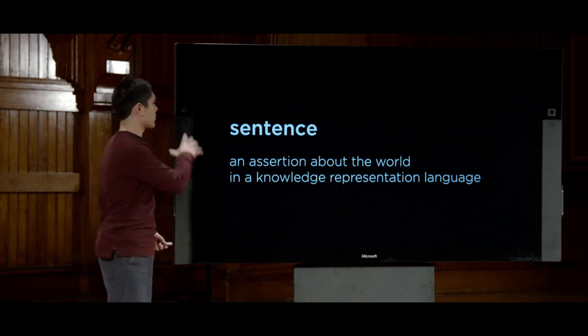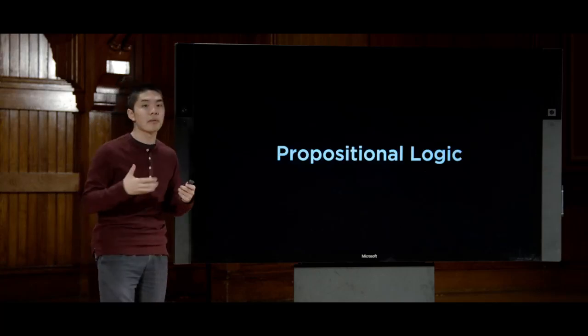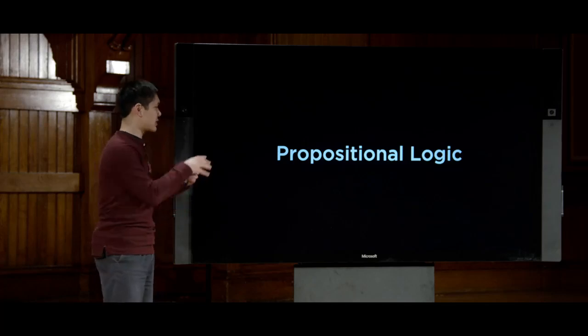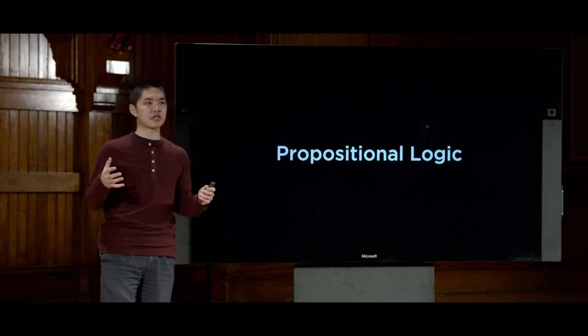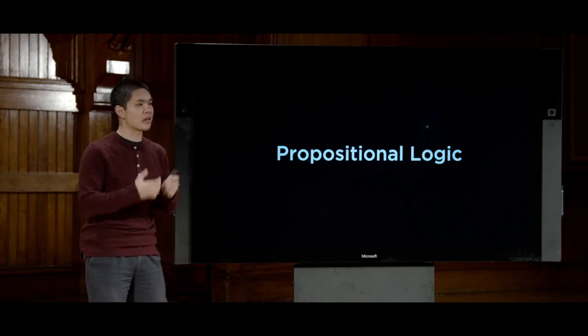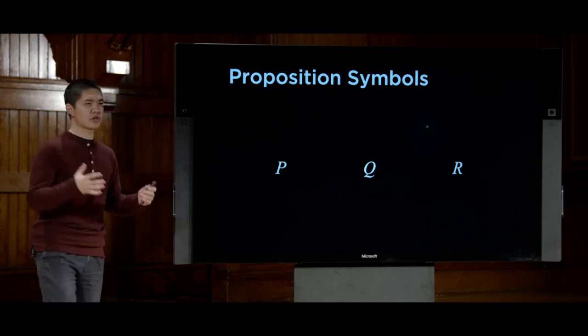And the way that we're going to spend most of today reasoning about knowledge is through a type of logic known as propositional logic. There are a number of different types of logic, some of which we'll touch on, but propositional logic is based on a logic of propositions, or just statements about the world. And so we begin in propositional logic with the notion of propositional symbols.